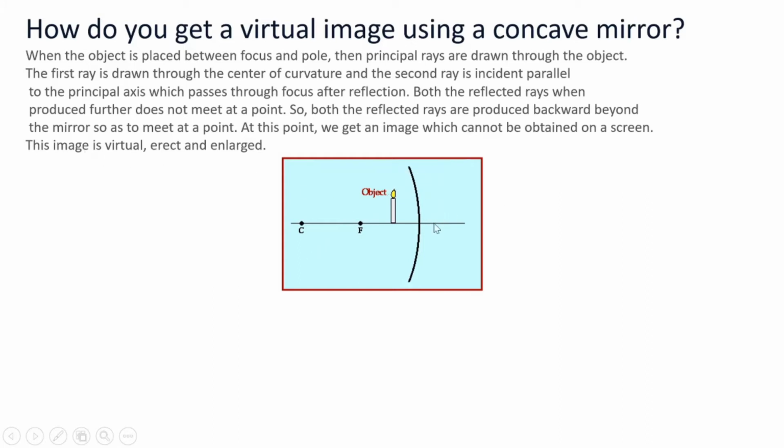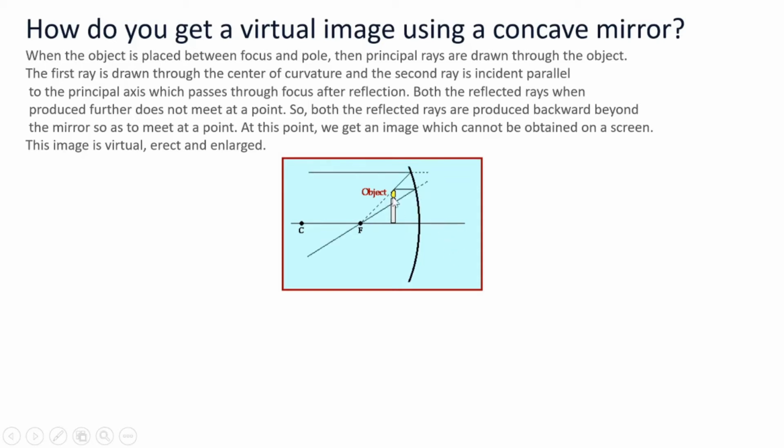The image is forming beyond the curved surface, which is virtual. We call this type of image virtual, erect. Erect means straight, not inverted, not head downwards.